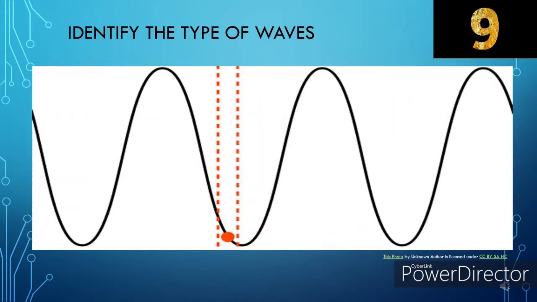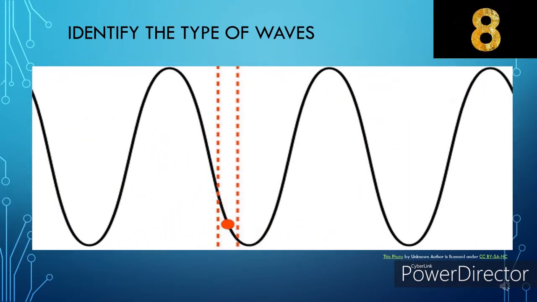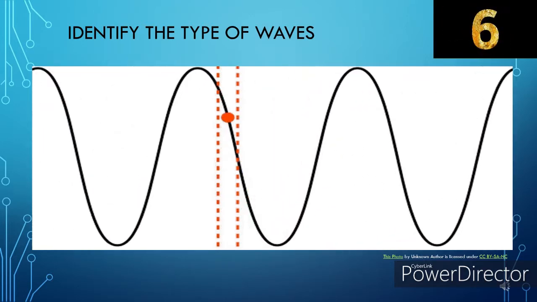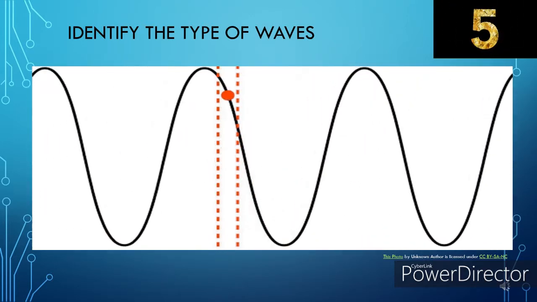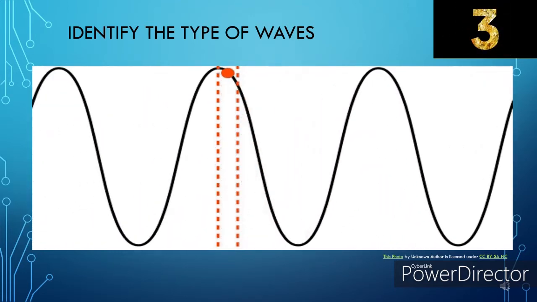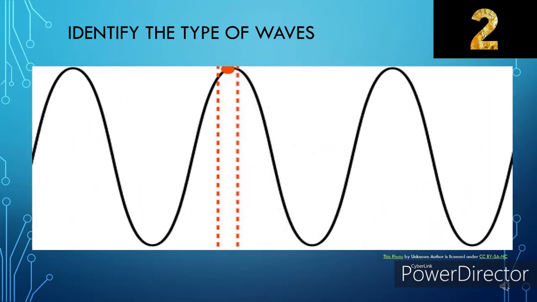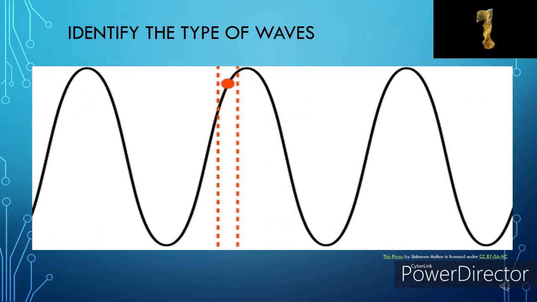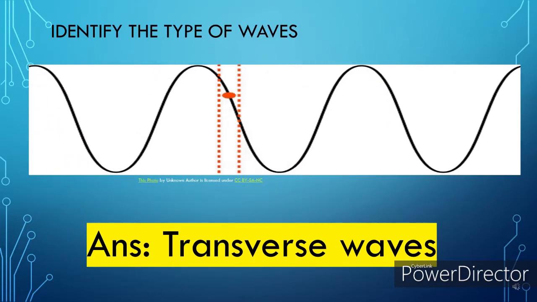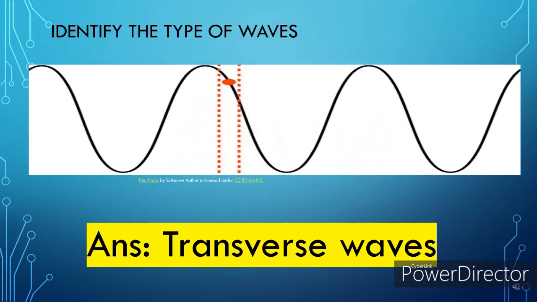Identify the type of wave shown in the illustration. The correct answer is transverse waves.